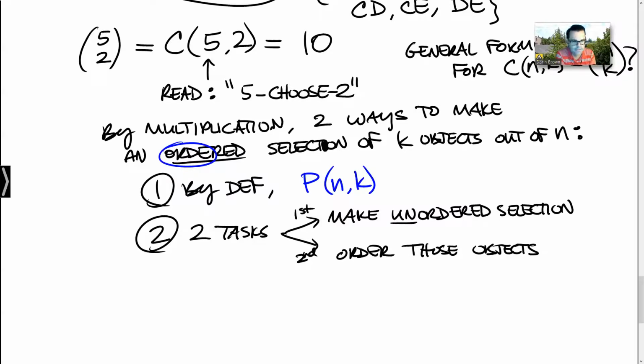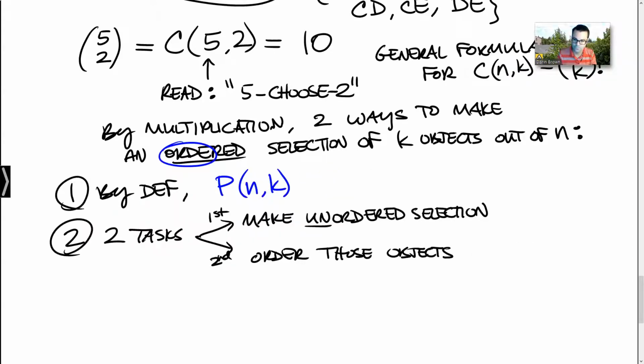How many ways are there of doing it by this accounting? Well, how many ways can we make the unordered selection? To make an unordered selection, by definition, this is n choose k. N choose k ways to do that.